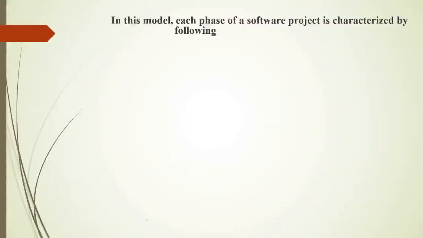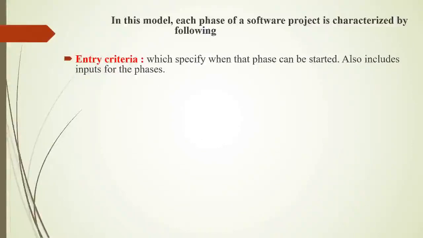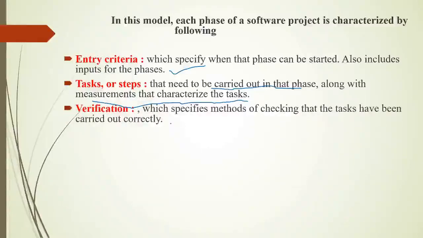In this model, each phase of the software project is characterized by the following. Let us revise what we have seen. Entry criteria, which specifies when that phase can be started and also includes inputs for the phase. Next, task or steps that need to be carried out in that phase along with measurements that characterize the task. Next, verification, which specifies methods of checking that a task has been carried out correctly.